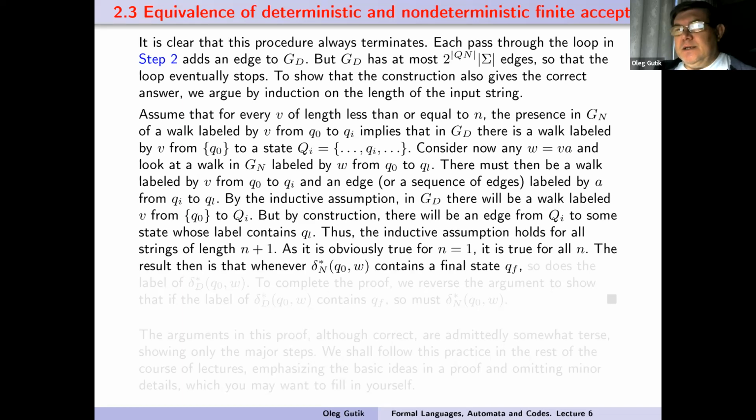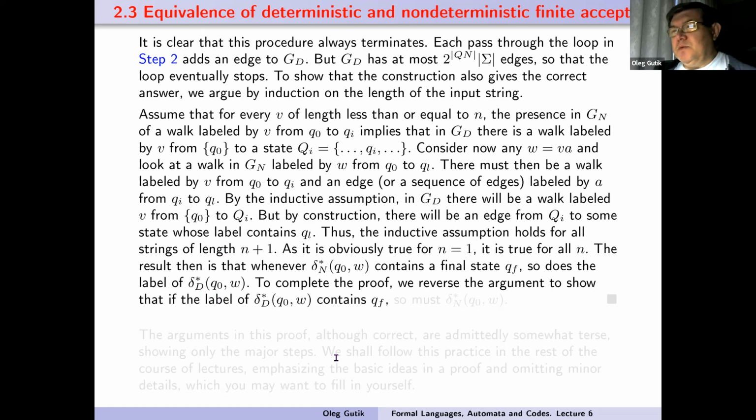The result then is that whenever delta star N of Q0, w contains a final state QF, so does the label of delta star D of Q0, w.